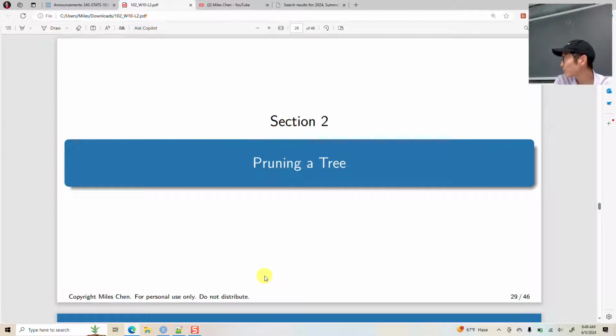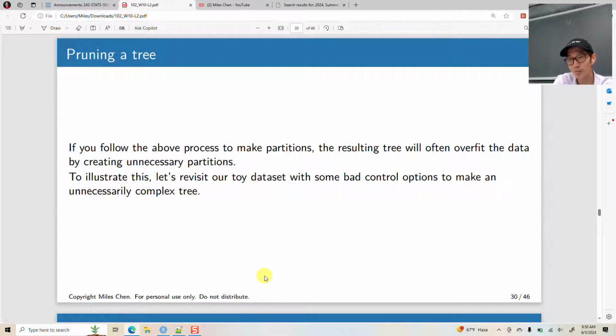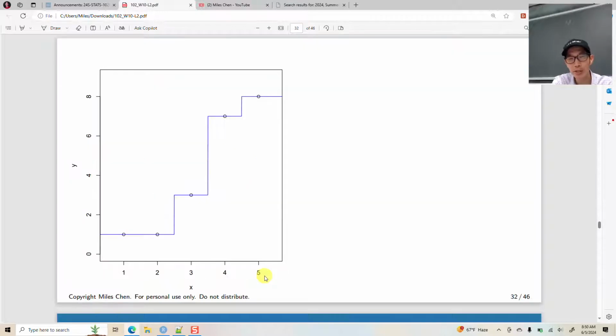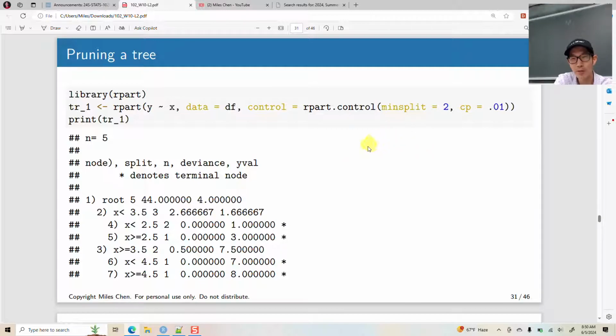But if you do overfit, you can prune the tree, and we're out of time here. Here I set a bad criterion, and it split everything, so there's basically just one value in each bucket and we have no deviations.